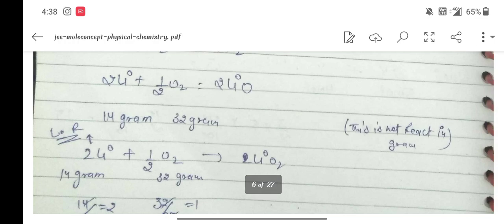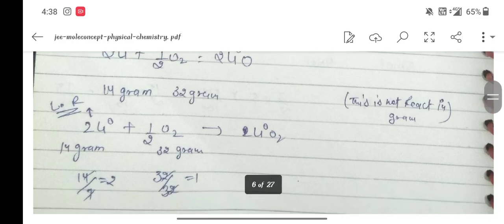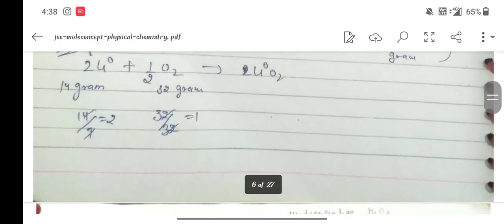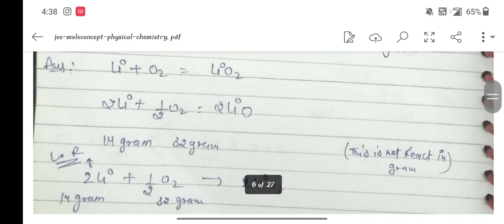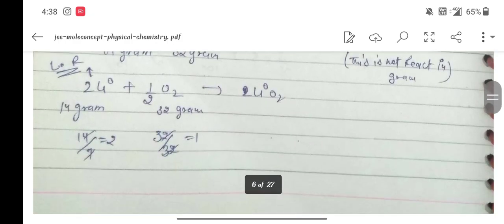So one is 14 gram and another one is 32 gram. Now the limiting reagent: 2 Li is the limiting reagent, plus 1 by 2 O2, it gives Li2O. 14 by 7 is equal to 2, 32 by 32 is equal to 1. Okay, so that is the value or the answer we'll get. We are finding Li2O from the reactants. I have explained how we got Li2O here, right?